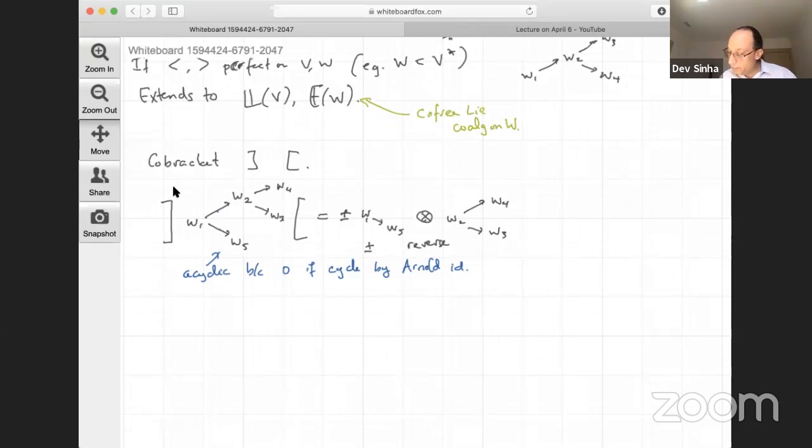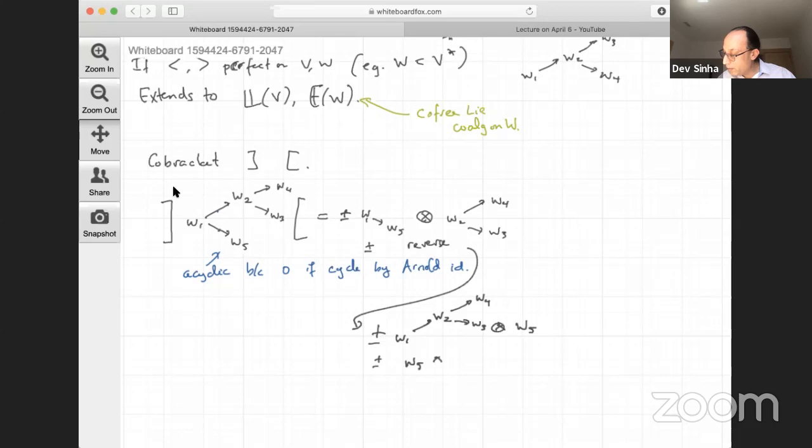And then you continue. I pick another edge, say the other one that I indicated there, and I would have W1, W2, W4, W3, tensor W5, and then tensor that same graph. And you go through all the edges, remove them one by one, and it splits into 2 pieces, and that's your co-bracket.